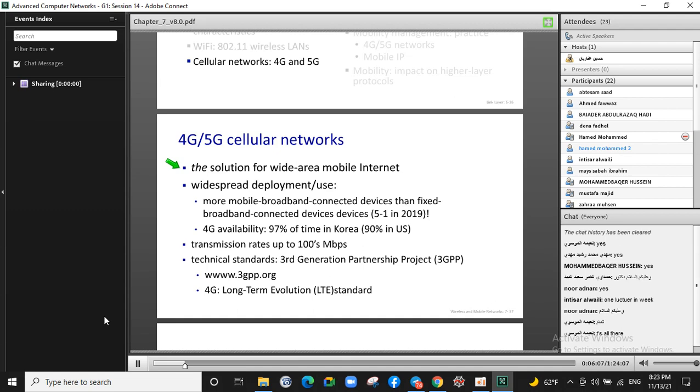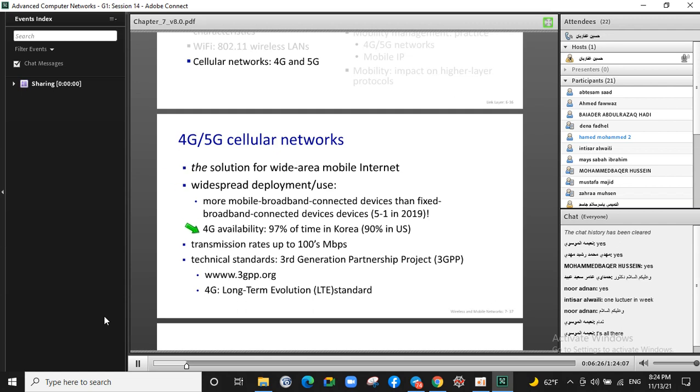That is great. It means that most of today's internet users are using mobile services rather than fixed connections. Okay.